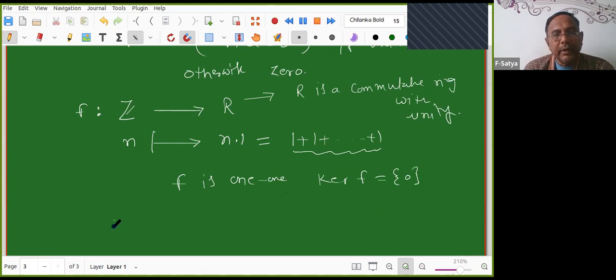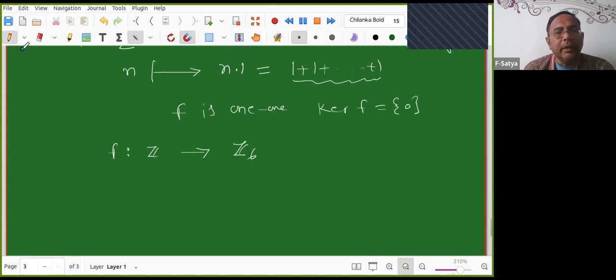So for example, I take Z6, for understanding. Now what is going to happen? What is the kernel now under this map n going to n dot 1? Can you tell me what is the kernel of f?